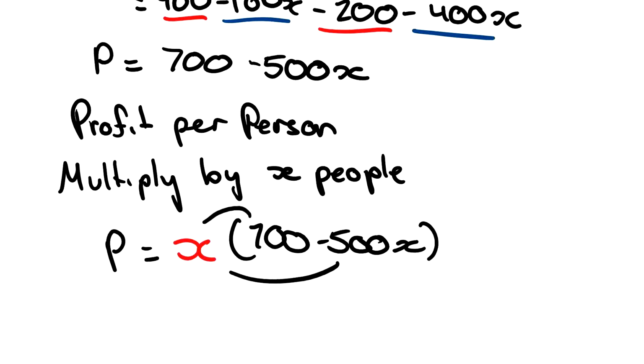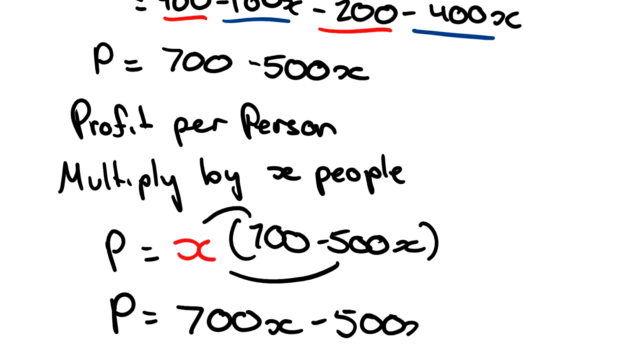We can then expand the brackets, so we get profit is going to equal 700x minus 500x squared. And that is the formula. Again, with these types of problems, ideally you're trying to find a formula and an equation that you will then use later to find your maximum and minimum profits, costs, areas, things like that for these optimization problems.